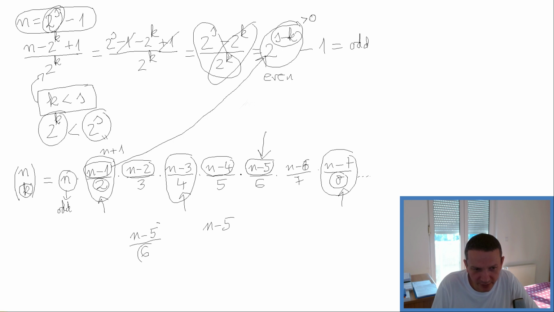And actually this 6 is 2 times 3, so we can cancel this 2 with this n minus 5. But why is n minus 5 not divisible by 4?